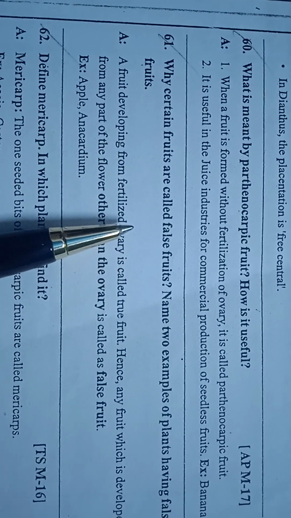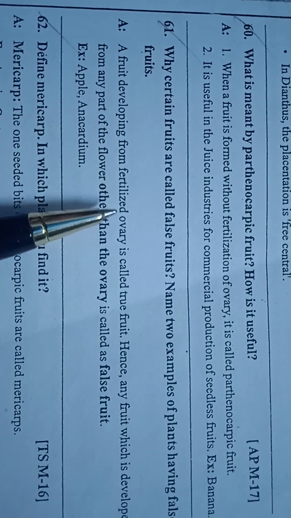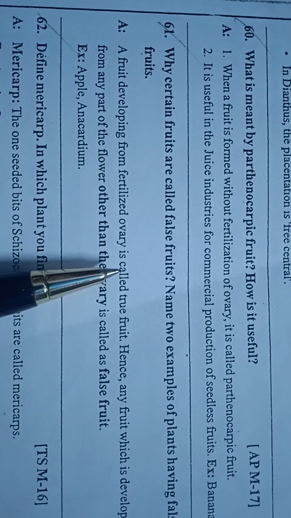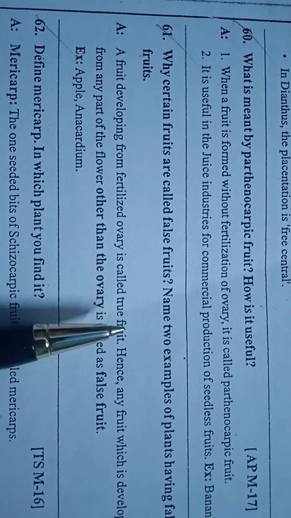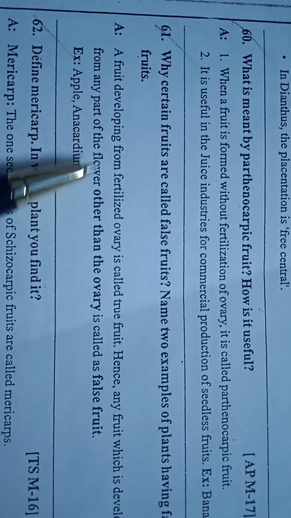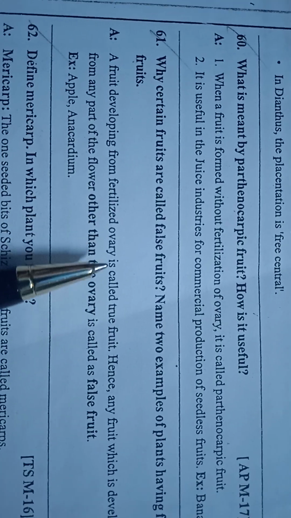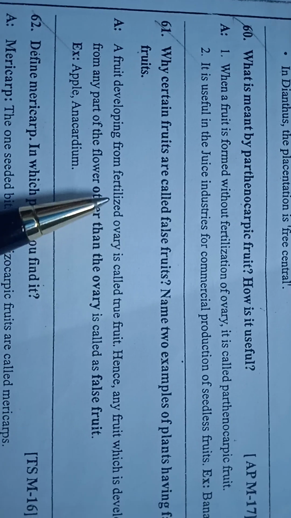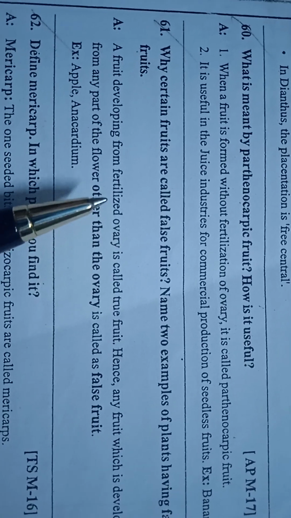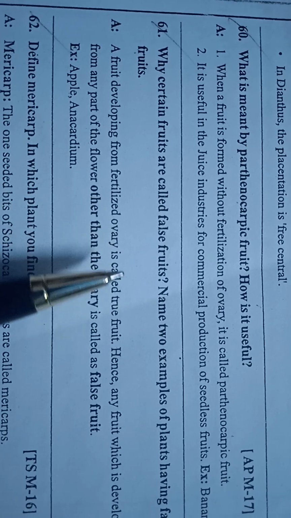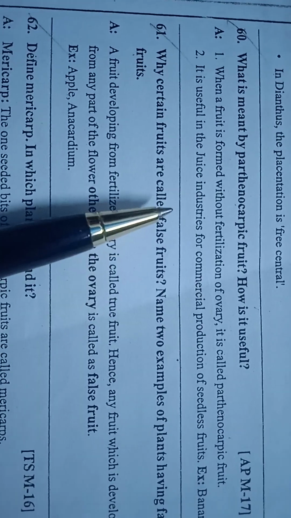A fruit developing from fertilized ovary is called a true fruit. Where fertilization takes place in the fruit, it is called a true fruit. What is meant by false fruit?